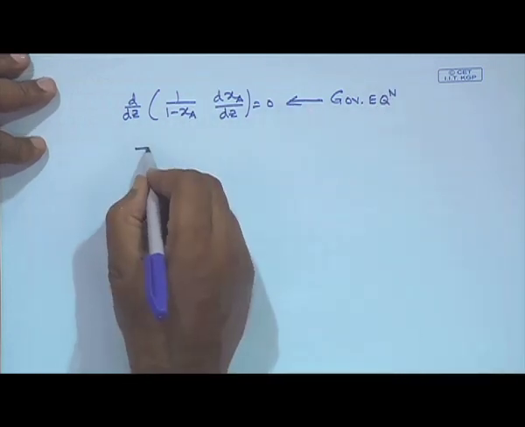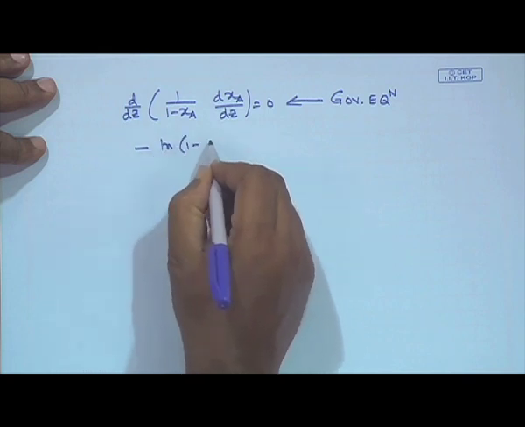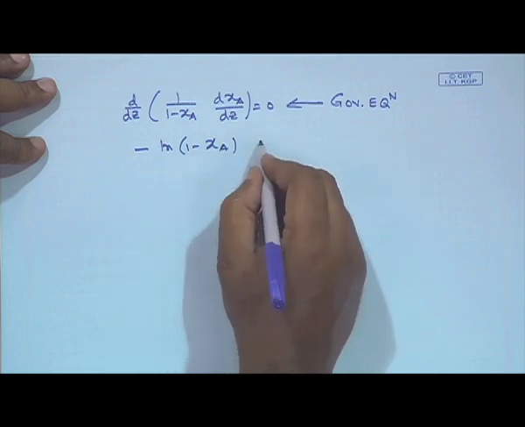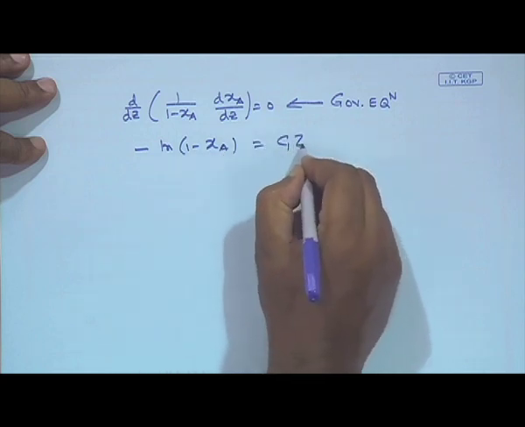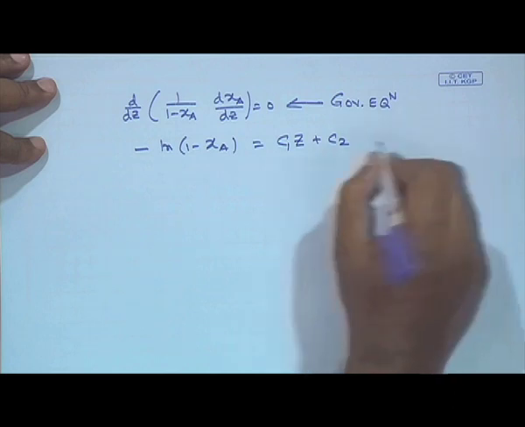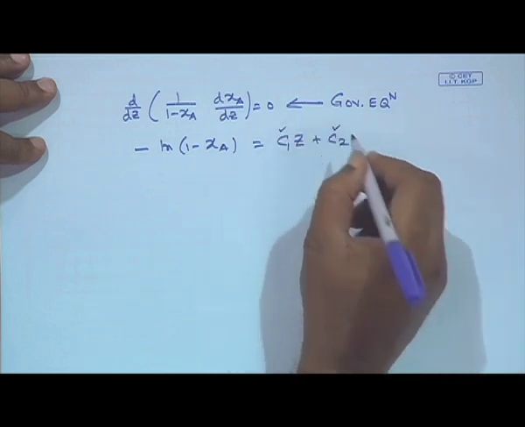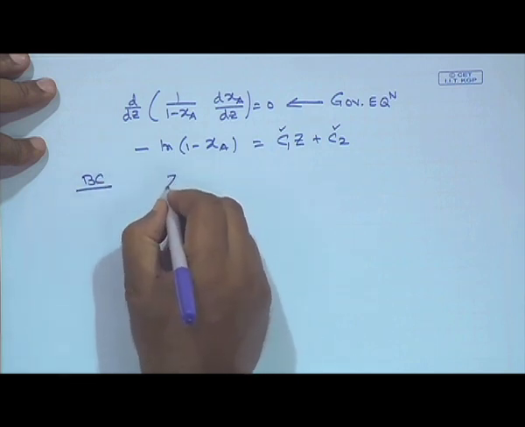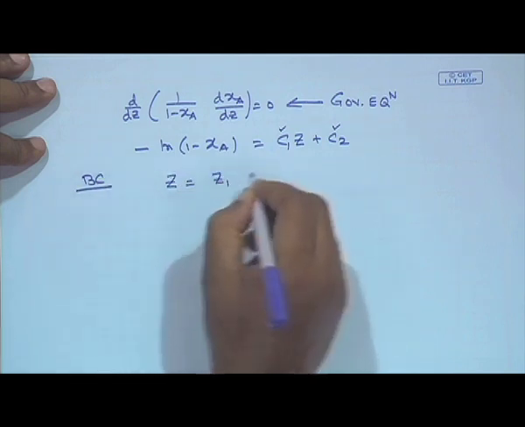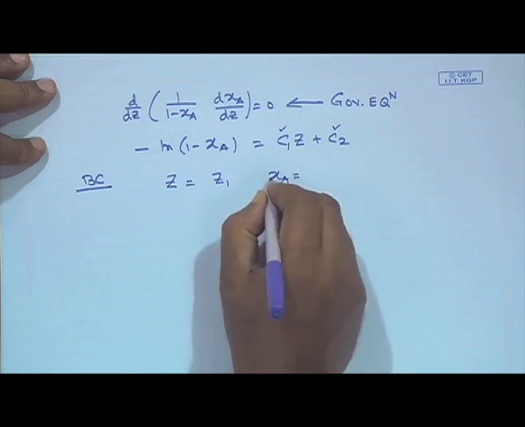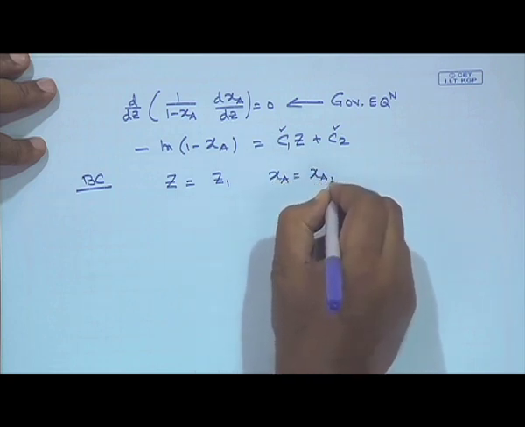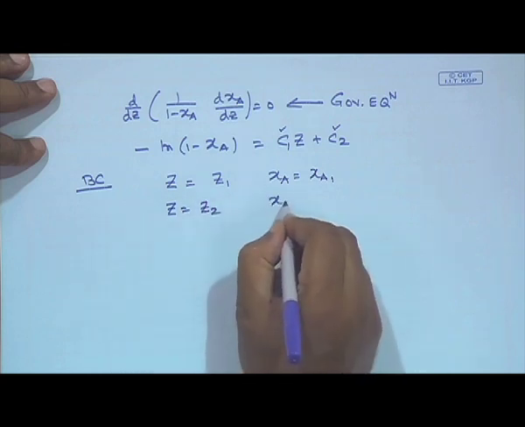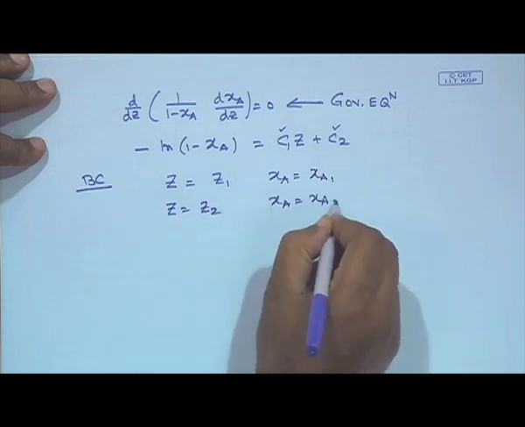Once you integrate this, the variation in the mole fraction of component A is going to be C1 z plus C2. C1 and C2 are constants of integration, which can be evaluated through the boundary conditions that at z equals z1, the mole fraction of A is some known value x_A1, and at z equals z2, x_A is equal to x_A2.